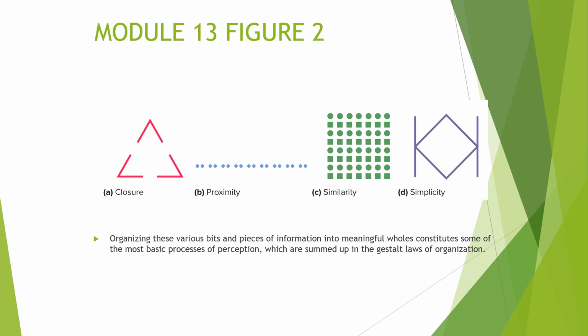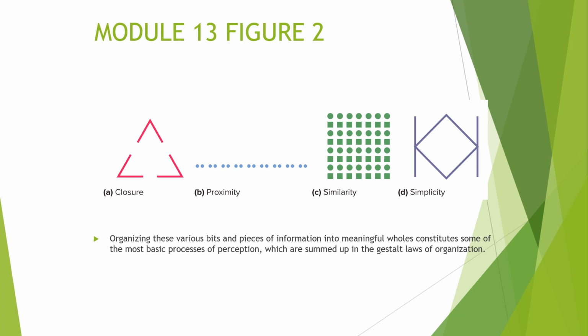I would be less likely to say, I see a column of circle, square, circle, square, and then a second column of circle, square, circle, square. No, our brain will just automatically put the similar objects together. And then with simplicity, the way I see this is I see a diamond with 2 end anchor lines.